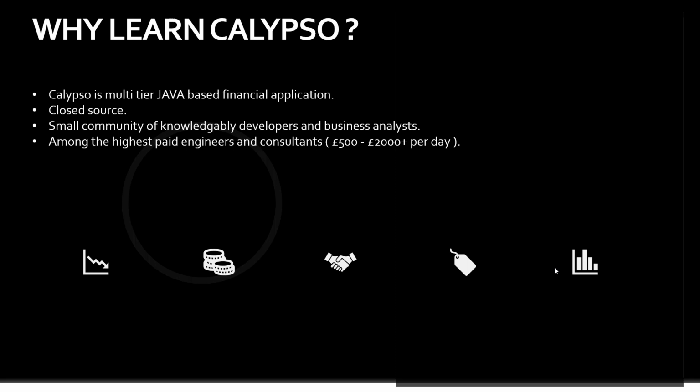I know at least a couple of people that have earned in excess of £2,000 a day. It also depends on the jurisdiction. If you're working in a very high risk area, like maybe somewhere in Africa where there's high risk, then you can charge a lot more for that risk.